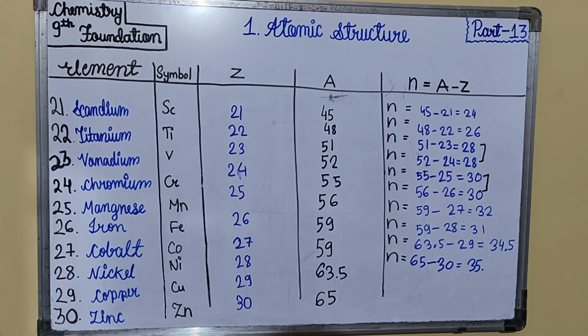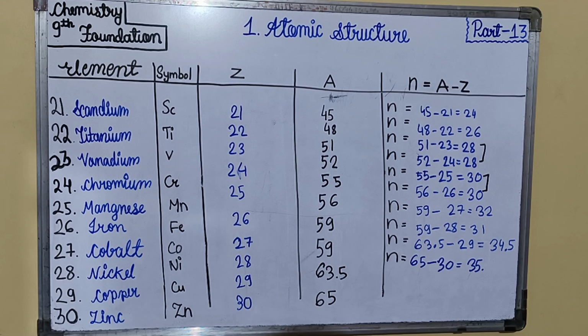So first we made the pair of boron and carbon, then fluorine and neon, then sodium and magnesium, then aluminium and silicon. First was sodium and magnesium, then aluminium and silicon, then phosphorus and sulfur, then potassium and calcium, then vanadium and chromium, and last one was manganese and iron.